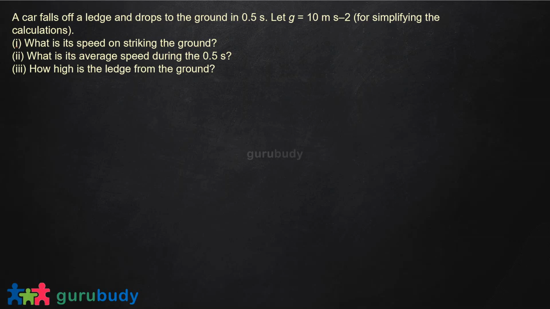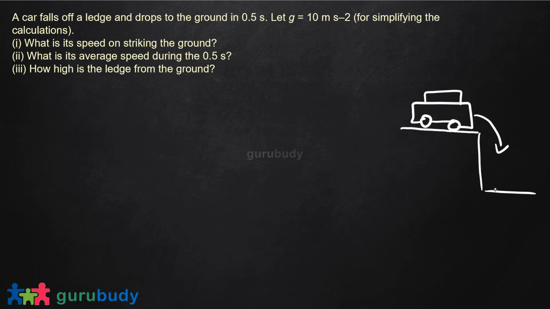If you just draw this out, I have a car, and then it is on the cliff, let's say here, and then this is probably the ground. It falls off and hits the ground in half a second. Because there is a force here, acceleration is g, and I need to calculate when the car hits the ground, what is the speed.